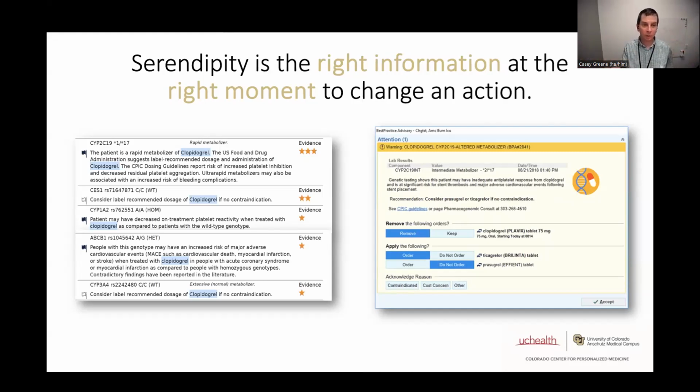And so this actually works. So this is what I mean by serendipity, surfacing exactly the right information at exactly the right time to have someone change a decision. And I think AI is fundamentally changing the landscape of what we can think about in terms of serendipity.